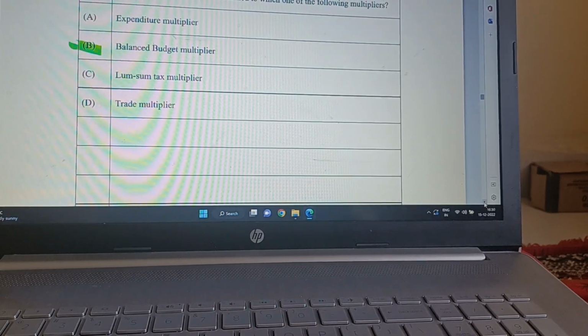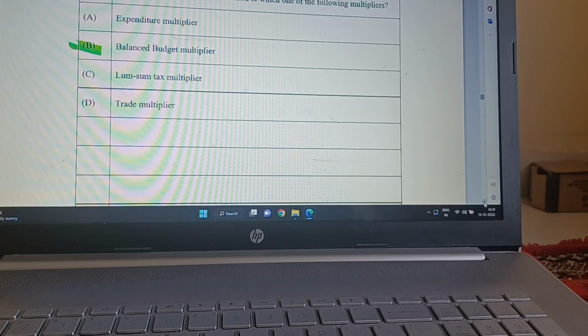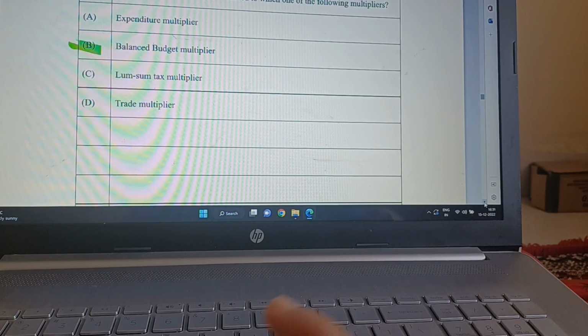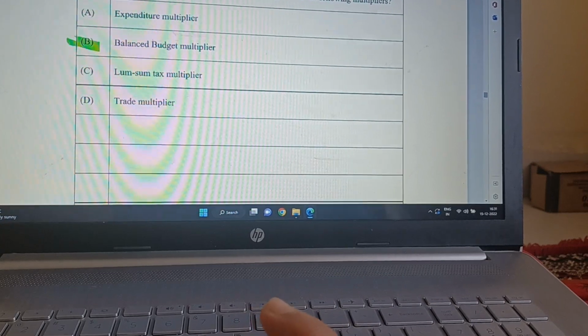Now question number 32. The change in equilibrium output for an equal amount of change in government expenditure and tax revenue is linked to which one of the following multipliers? So here the keyword is equal amount.